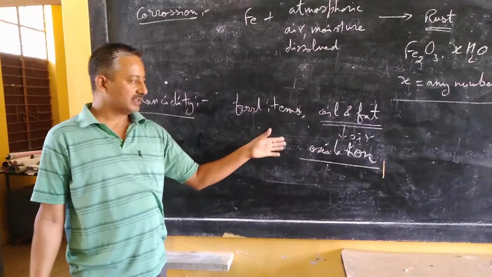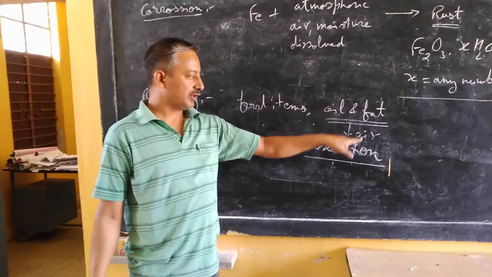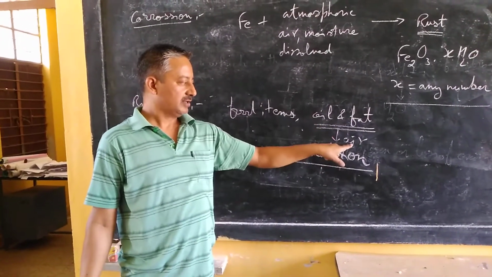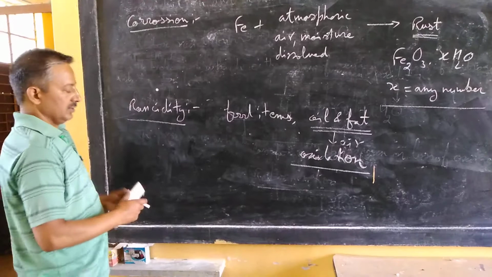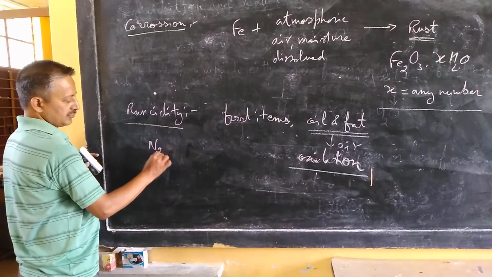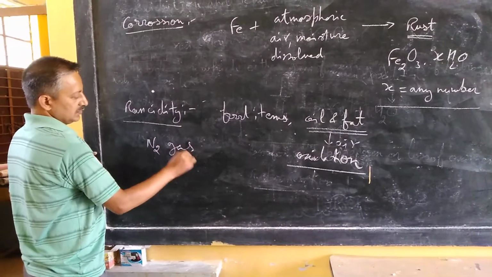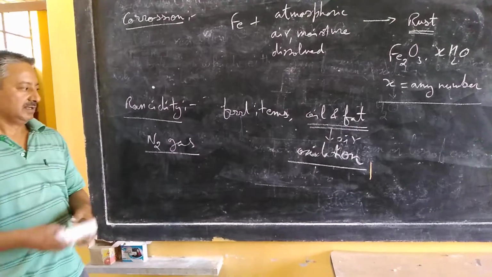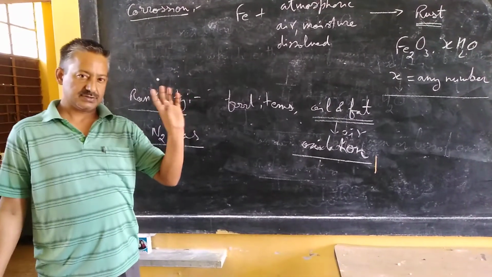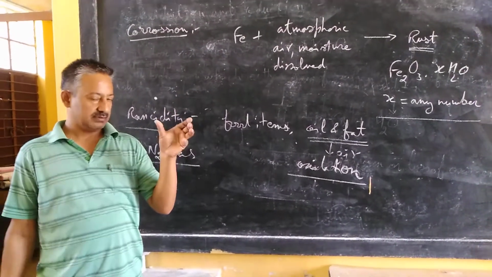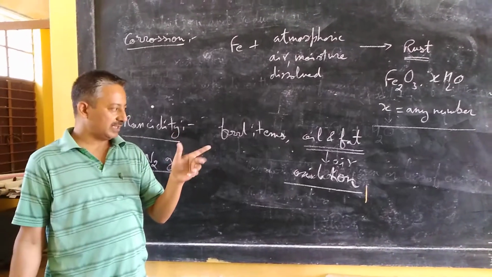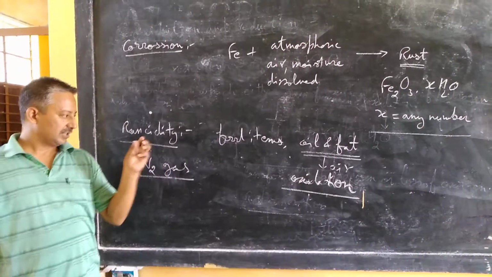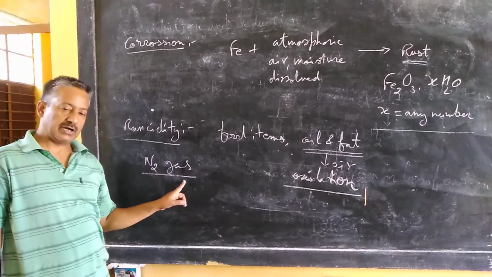So to avoid the contact of oil and fat with air, we use nitrogen gas. You might have seen chips packets and such eatables, they are fluffy. Why are they fluffy? Because what is filled inside? Nitrogen gas is filled inside.